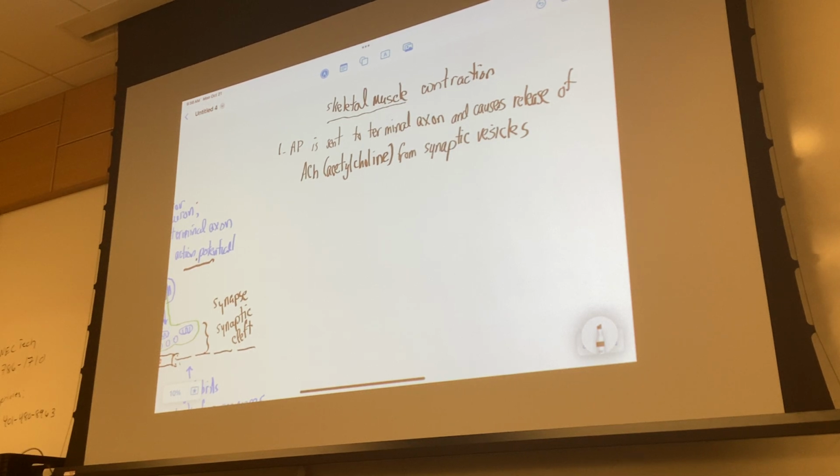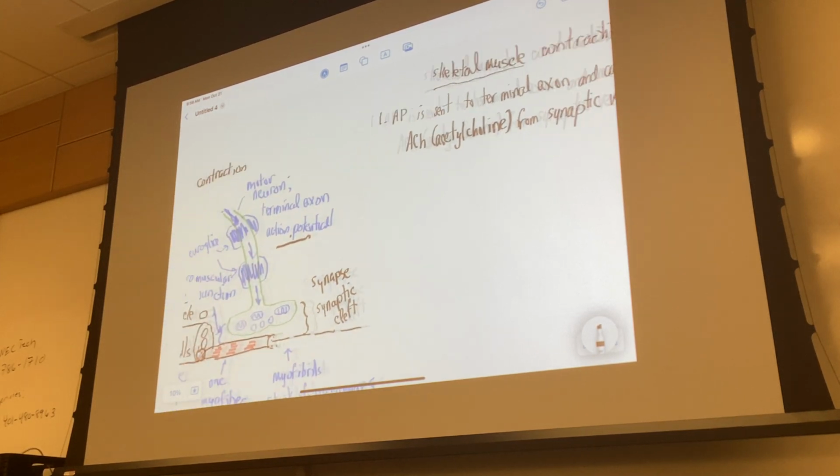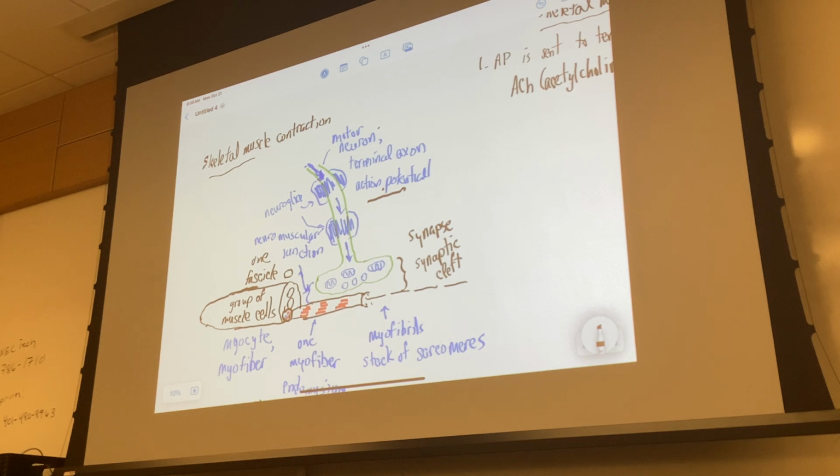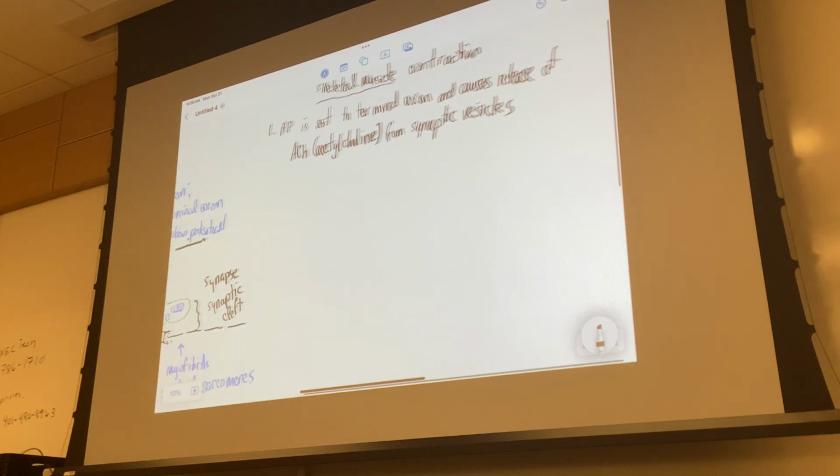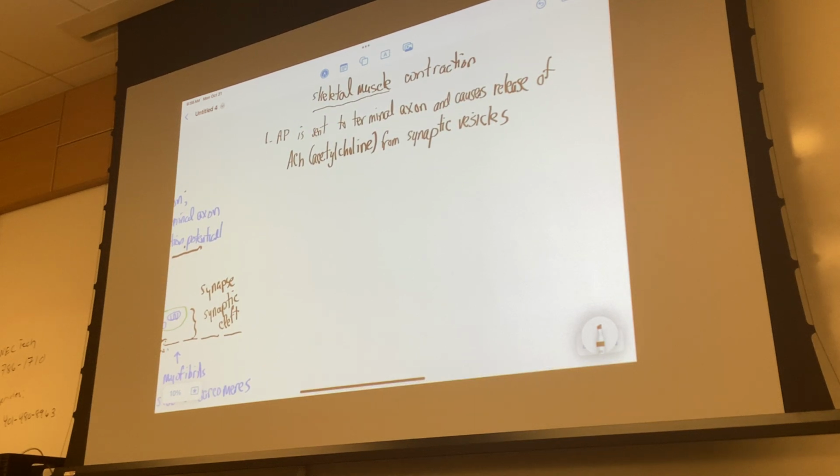I'll no longer write acetylcholine anymore. ACH from the synaptic vesicles. These little blue circles here have ACH in them. That ACH merges with the neurolemma, which is the cell membrane of the neuron, and releases it into the synaptic cleft.